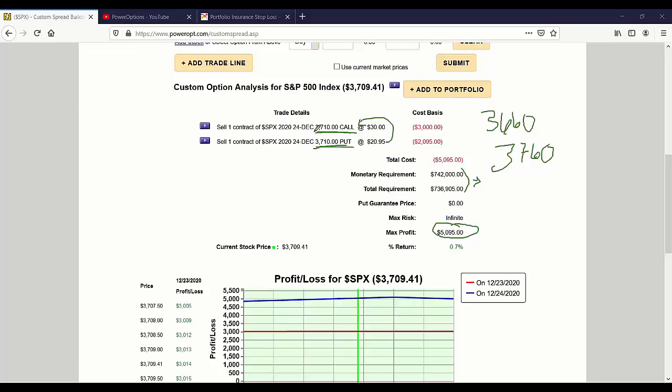Or they might do the full short call strike plus the premium. So the margin requirement here would be $373,000. And if you take a half of that, of course, we're looking at about $187,000. Okay, so again, that depends on your broker and what they charge for the margin requirement. You can't get something for nothing.